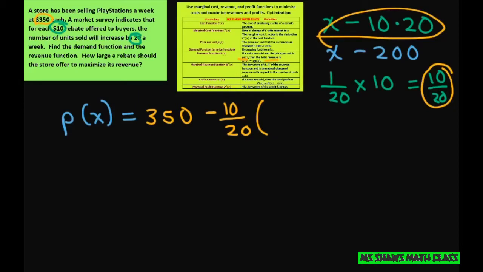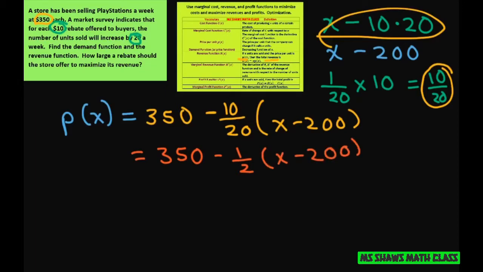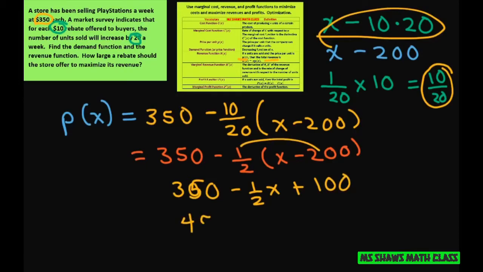So that's going to be X minus 200. Now simplifying this, we're going to get 350 minus 1/2 times X minus 200, which equals 350 minus 1/2 X plus 100. And distribute that. So it's going to be 450 minus 1/2 X.